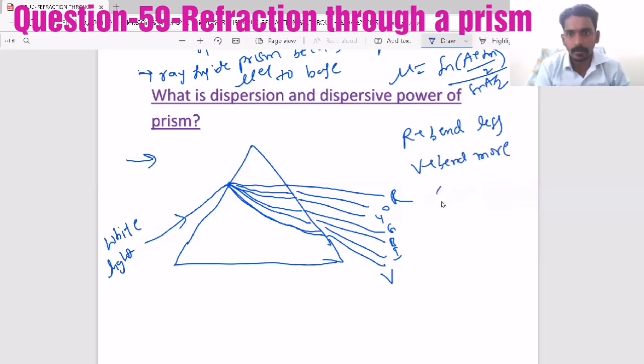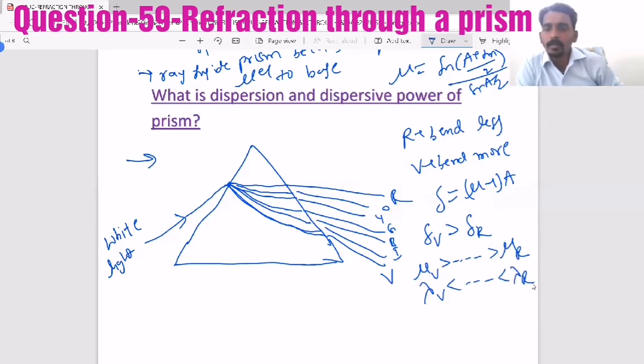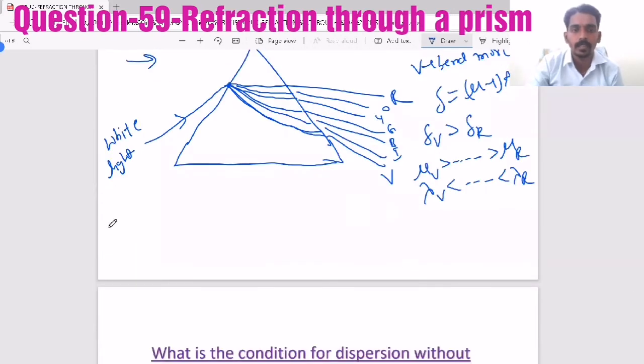Here the deviation formula is (mu minus 1) times A, so that delta V is greater than delta R, because mu V is greater than mu R, because lambda V is less than lambda R. Wavelength greater means refractive index lesser, and refractive index lesser means deviation less. So based on this formula, we will get different deviations.